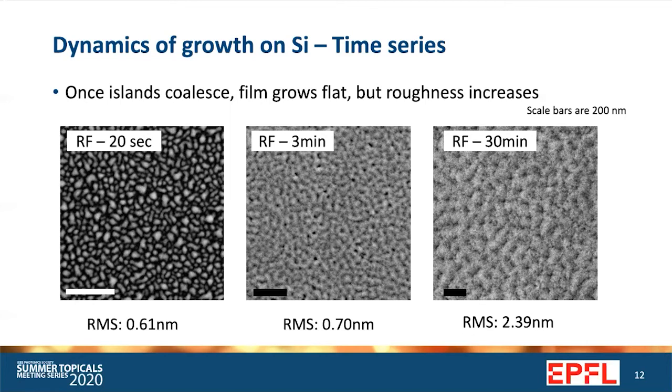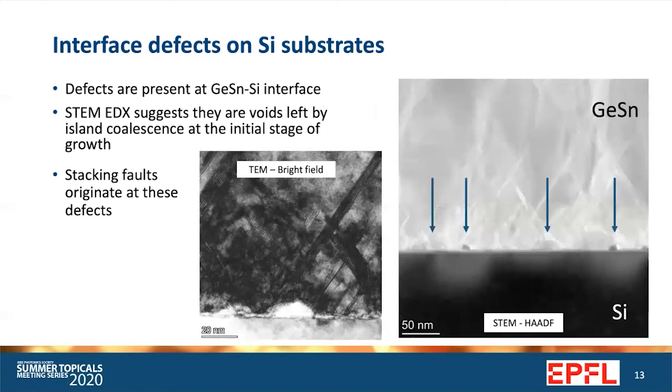What is most concerning, though, is that the late coalescence of the islands causes defects at the interface. If you look at this image of high angle annular dark field STEM, we see that we have defects at the interface between silicon and germanium tin.